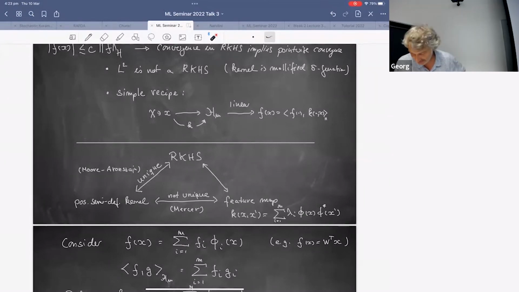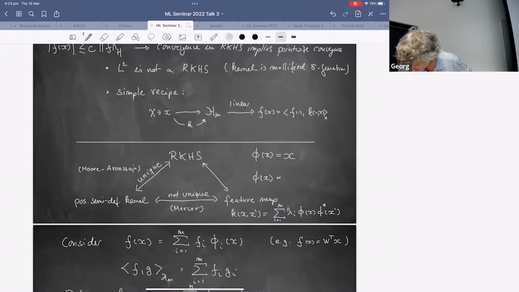Okay. So one example maybe to show you non-uniqueness. Someone asked that before. So phi of x equal to x, and phi of x equal to 1 over square root of 2 times x, x, for example, gives the same kernel, which is x squared.